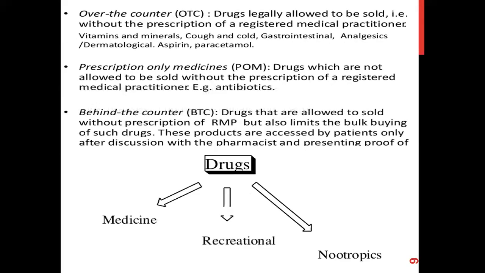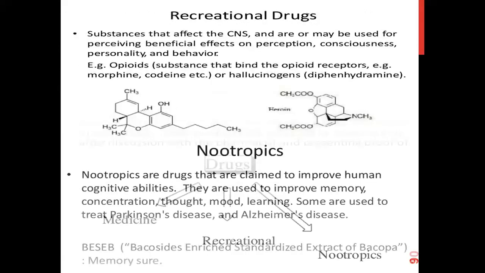So, the types of drugs which are dispensed are OTC, prescription-only medicine, and BTC. Further, drugs are also classified as medicine, recreational drugs, and nootropics, right?